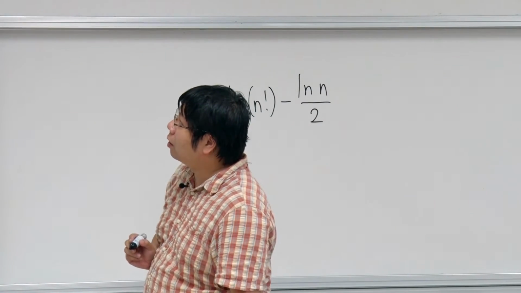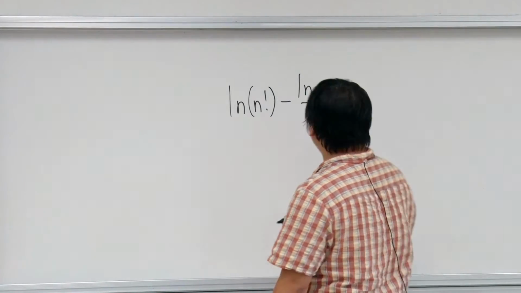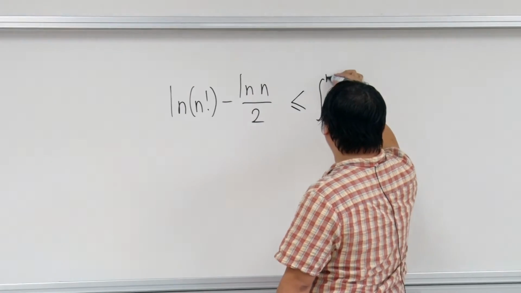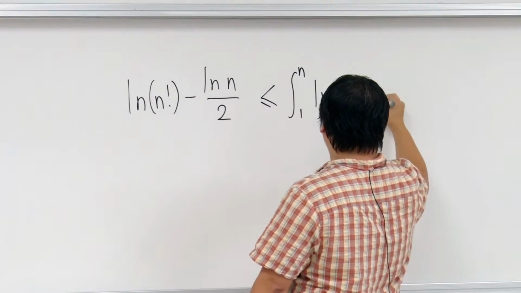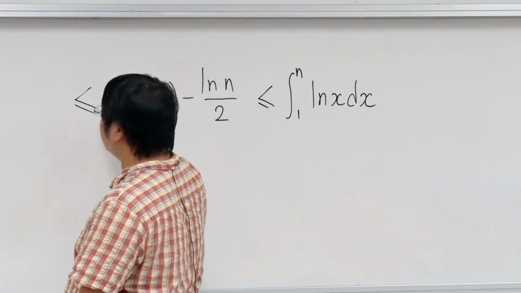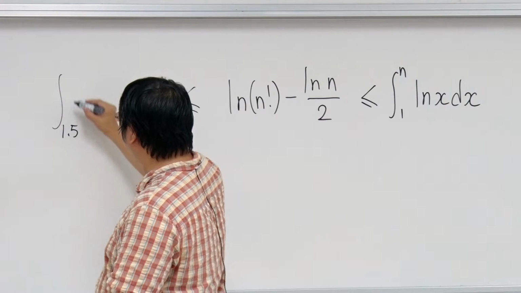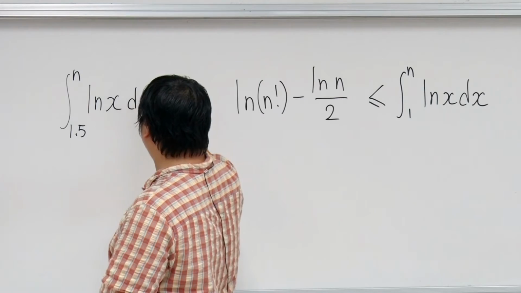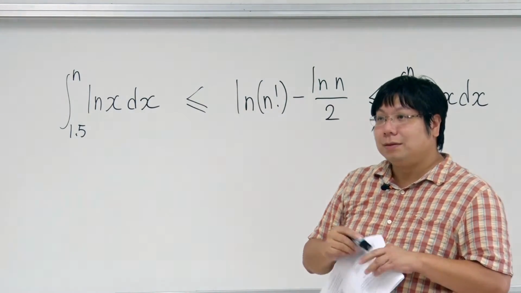On one side, we are saying that this is less than or equal to the integration of 1 to n of log of x dx. But on the other side, we are saying that this is going to be greater than the integration from 1.5 to n of log of x dx. Is that okay?